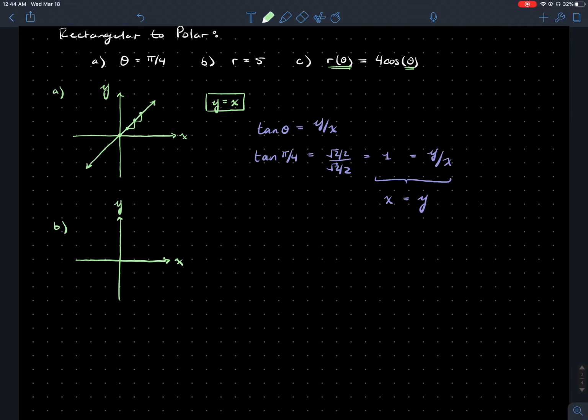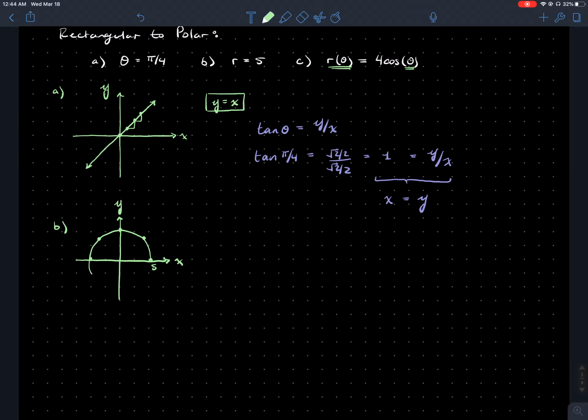And it doesn't matter what theta is. It doesn't matter what our input is. Our output's always 5. So we could say radius being 5 right here, and theta is 0. Theta is now maybe pi fourths. Radius is still 5. Theta is pi halves. Radius is still 5. Theta is 3 pi fourths. Radius is still 5. So on and so forth. Hopefully you guys get the picture on that.